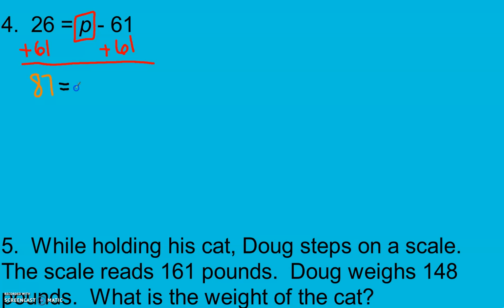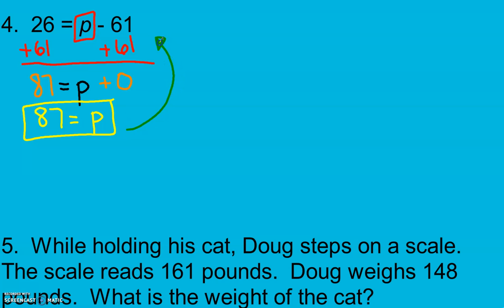I haven't changed my variable, but I did change my number there. Negative 61 plus 61 gives me 0. Anything and its opposite always add to 0. P plus 0 adds to P. Anything plus 0 gives me itself, using my identity property there. So I get P equals 87.